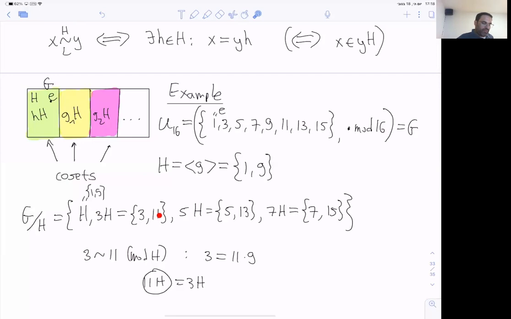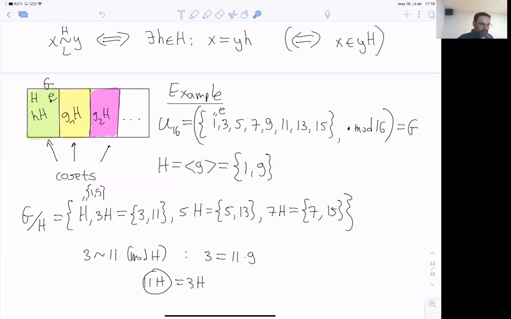Why? Because these are 2 representatives of the same shift. If we shifted H with 11, we would get the same thing as shifting H by 3, because 11H is 11 and 99, which is 3.